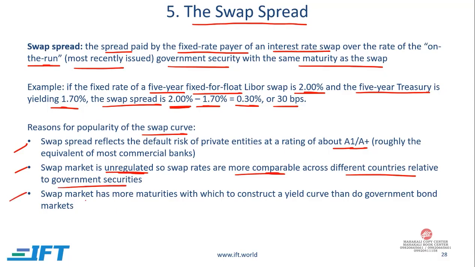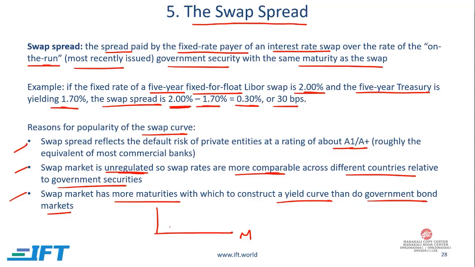And the third point is that the swap market has more maturities with which to construct a yield curve than do government bond markets. So for example, when we want to create this yield curve across different maturities, in the government bond market, there might not be actively traded bonds at several maturities.